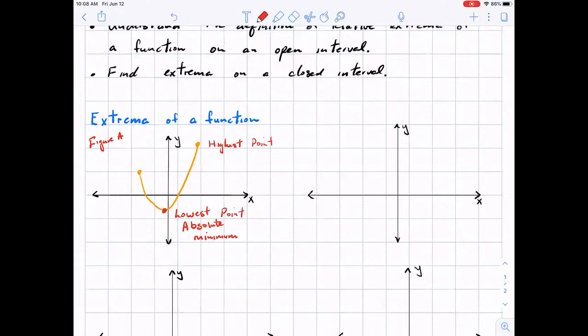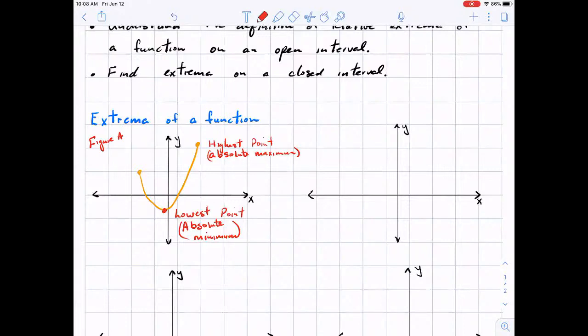And the highest point, since it's absolutely the highest point, is called your absolute maximum. It is called absolute because that's the highest possible point on the graph. It's absolutely the highest point, no questions.